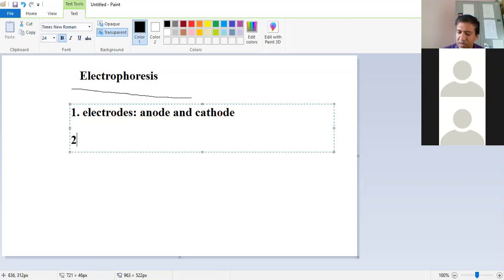Then the second thing is there should be an electrolyte, a solution in which the particles will move. All solutions which have ions will act as electrolyte. For example, water is basically a non-electrolyte. Water does not act as electrolyte.